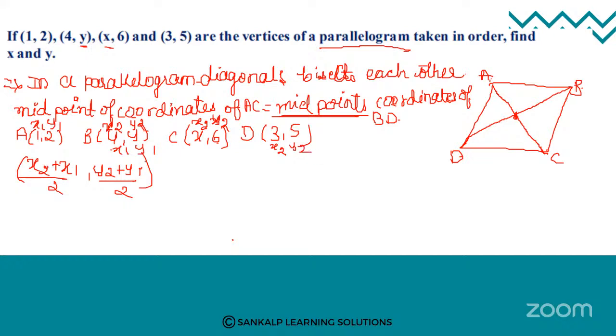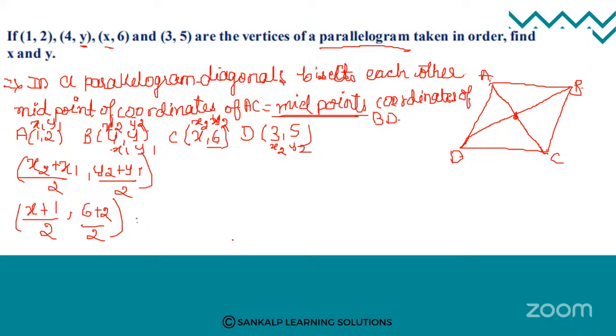Yes or no? Now, first take AC. Okay, A to C. A to C means x2 value is x here plus x1 value is 1 divided by 2, and y2 value is 6 here and y1 value is 2, divided by 2. Okay.